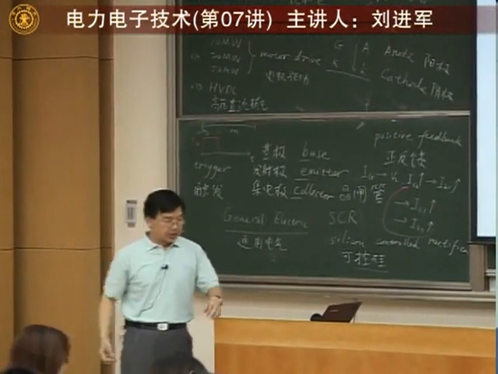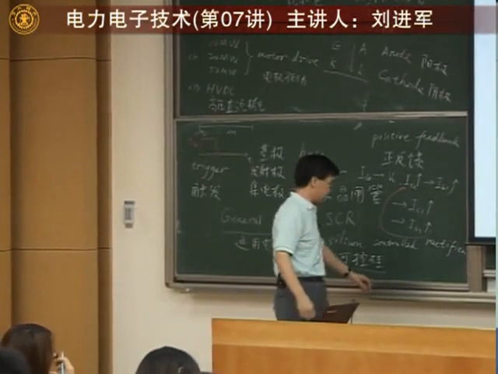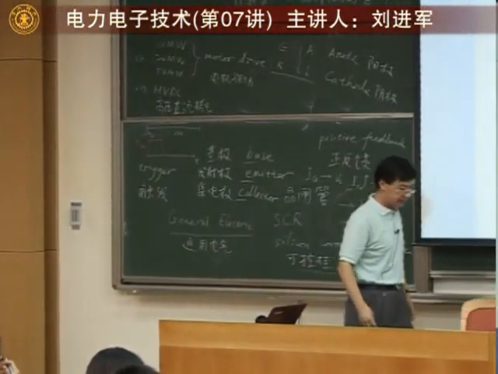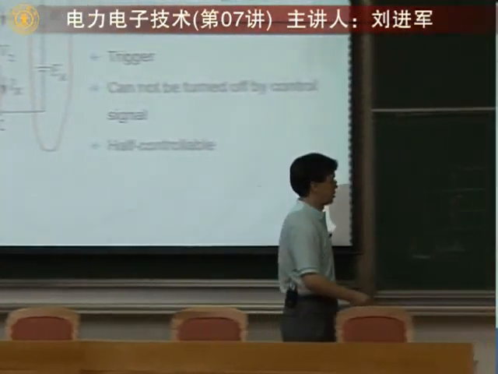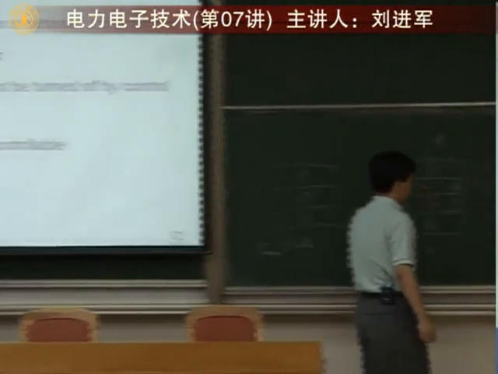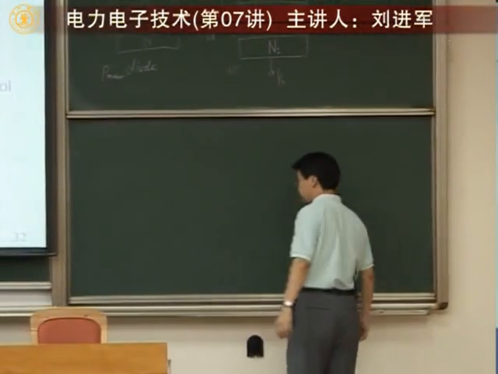That's the operation. Now, let me ask you a question. How do we turn it off through the gate? Do you have any idea? How can we turn it off?